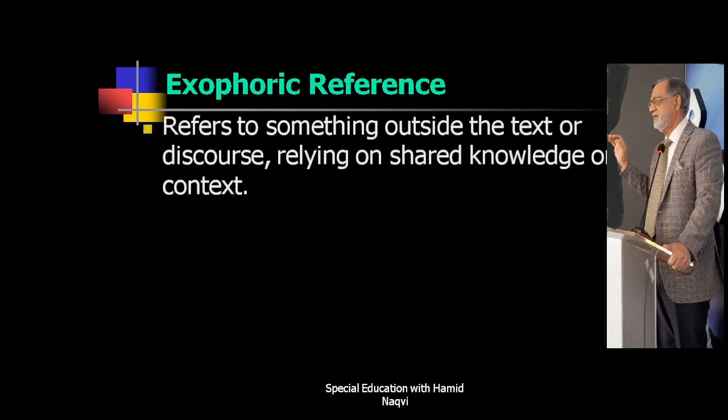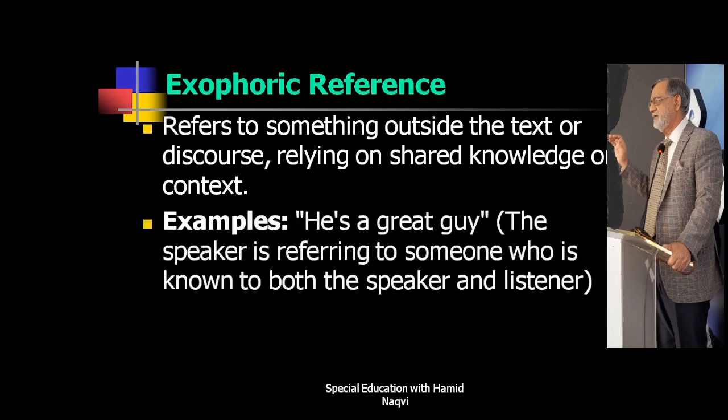First is exophoric reference. Now exophoric reference refers to something outside the context, outside the text, relying on shared knowledge or context. And with the example you would be able to understand. He is a great guy.